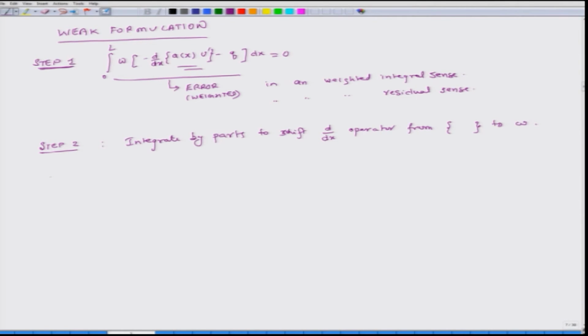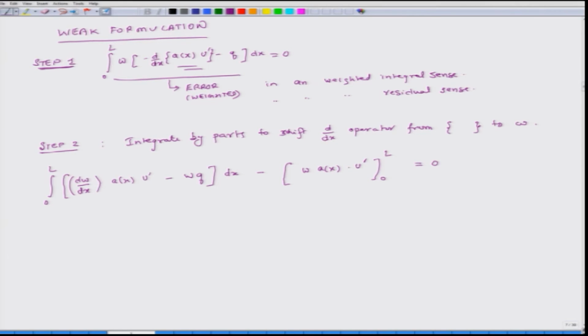If we do that, and I have explained that in the earlier class, what we get is the integral from 0 to L of dw over dx times A of x u prime, minus wq, dx, minus a boundary term, w times A of x times u prime, from 0 to L. And this entire thing equals 0.